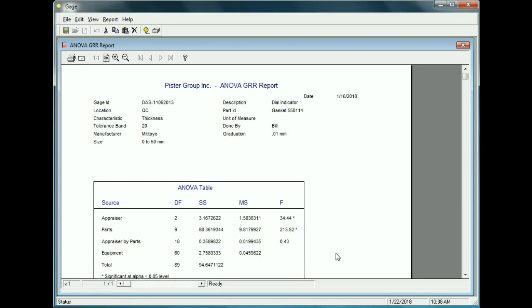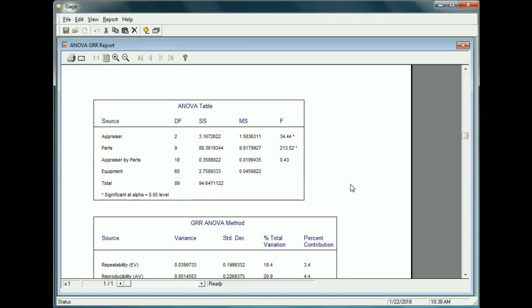So to handle that, we calculate the possibility of an interaction between people and parts, and if there is that possibility, then we have to take that into account. You would never get that out of the regular way of doing a Gage R&R, but through ANOVA you can get that information.